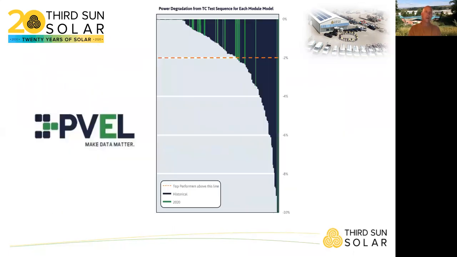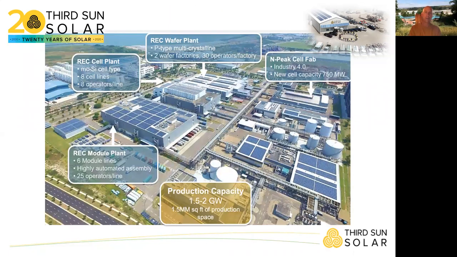So here's the REC fab plant outside of Singapore in Malaysia. As you can see, it's solar powered, so they're actually using solar energy to make the solar modules. They also have their own water filtration plant.